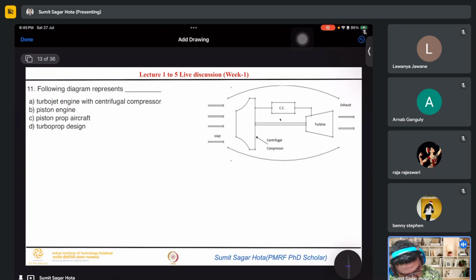So next we can see one diagram also shown. We have to see what type of engine or aircraft it is, whatever it is.